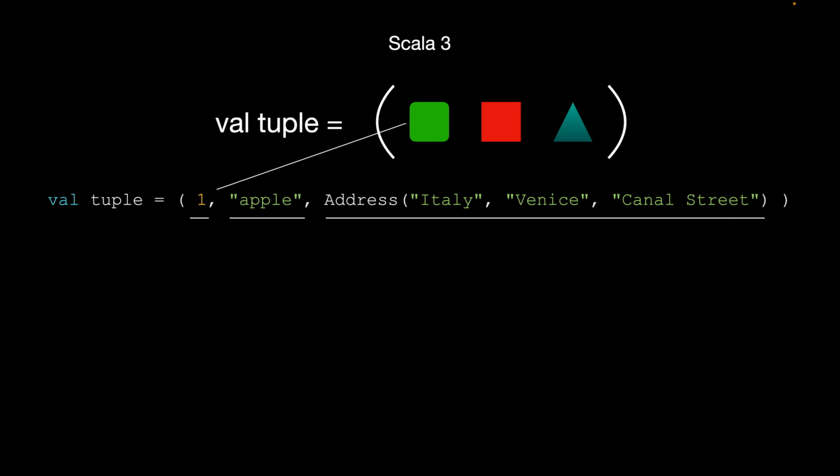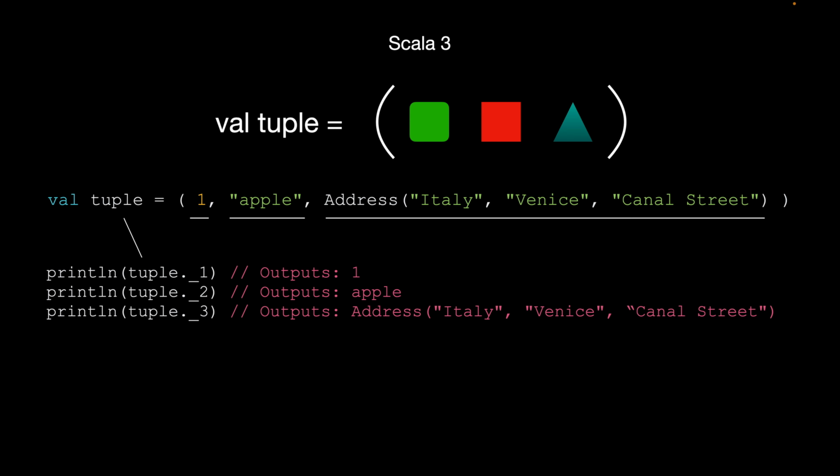The Scala compiler will understand that this tuple is of type tuple that contains integer, string, and Address object. Note that we can hold in this tuple objects or values of different types if we wish.